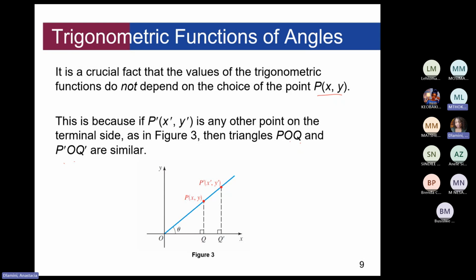From this triangle, for this triangle, we've got OPQ. They share the same angle. They share theta. Well done. They share theta, and the lines Q and Q bar are parallel to each other.